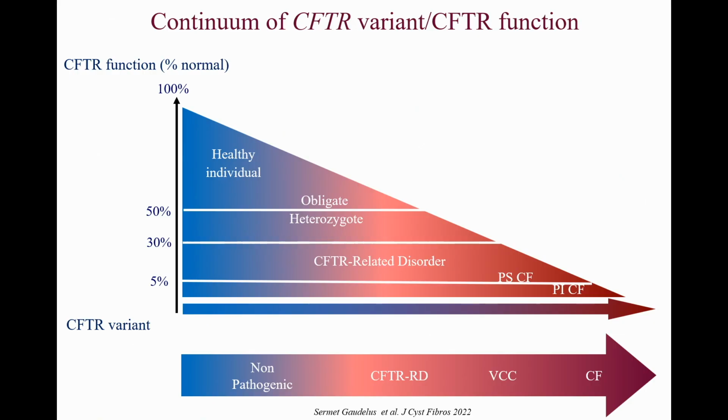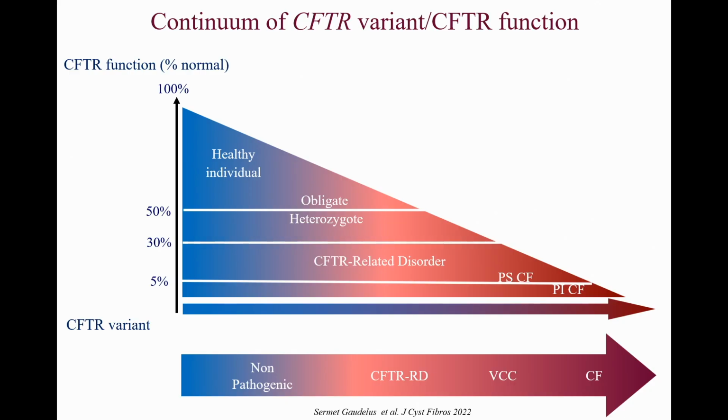We did perform measurements in heterozygous, and we also had a wide range of CFTR function defects. Some may have a normal CFTR function as assessed by the very imperfect CFTR functional tests that we have, that's nasal potential difference and intestinal current measurement. Some may have 50%. Some may be even lower.